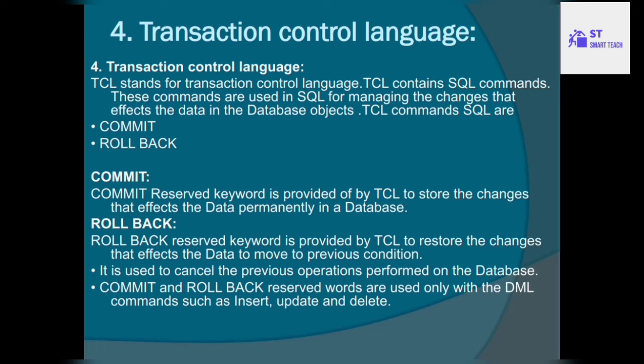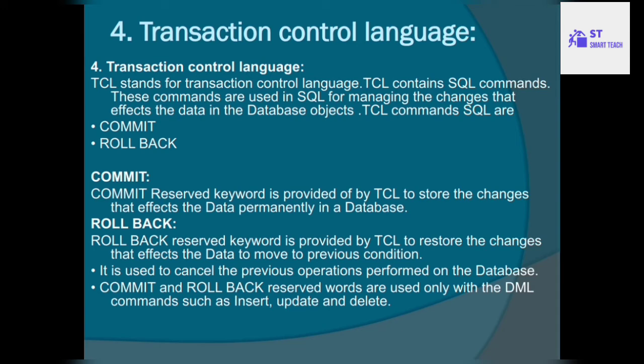Okay, next one is rollback. It is a keyword provided by TCL to restore the changes that affect the data, to move to the previous condition. So here the commit command is used to store data permanently, and the rollback command is used to change the data. Okay, so if you want to change the data which already exists, then you need to use the rollback command.